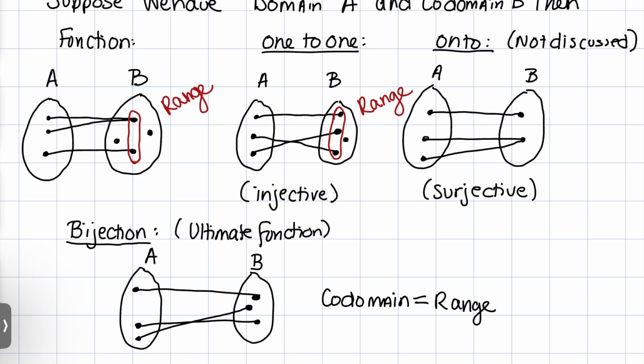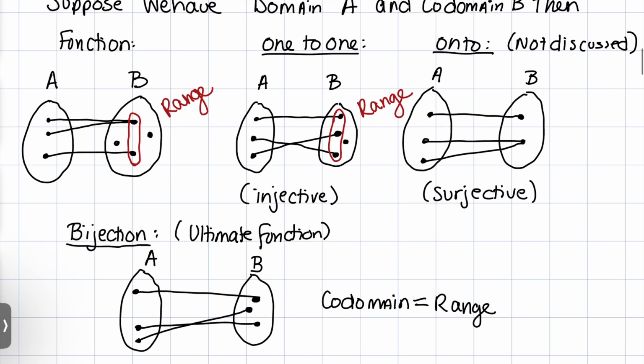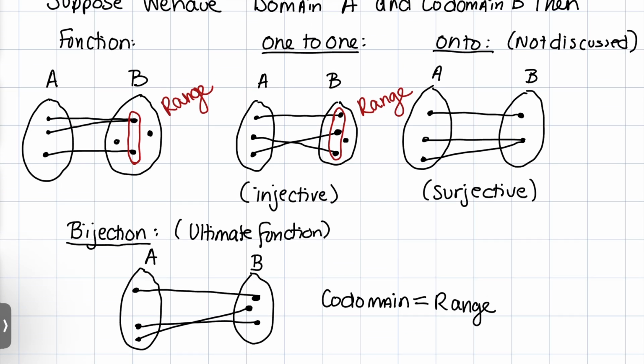And then the bijection, which is like the ultimate strict function, is also where the codomain and the range are the same thing, but it's also one-to-one. So a bijection is a one-to-one and onto function. That's really what it is, both of those stitched together. And onto really just means that it doesn't have any extra elements in the codomain versus the range.